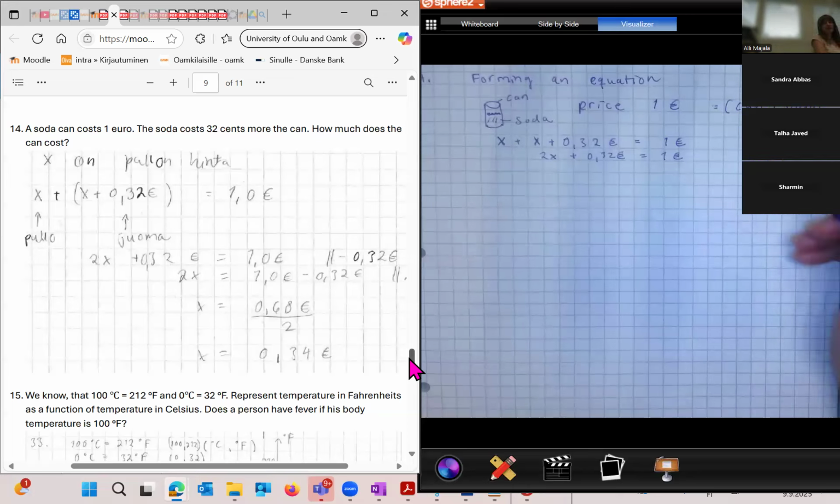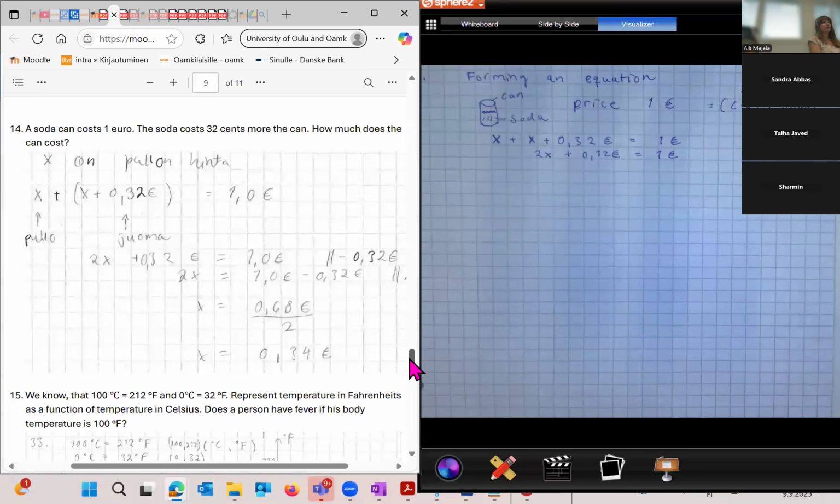Is this easy, this can and soda, for example? Because in Finland also when you buy the soda, the can costs something, because when you return it, you get that back.